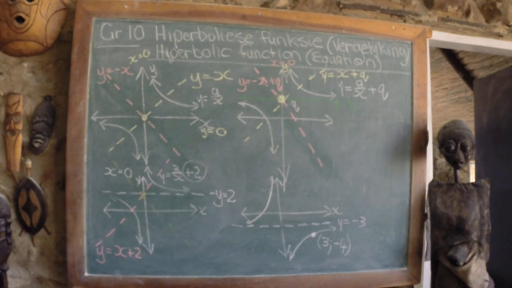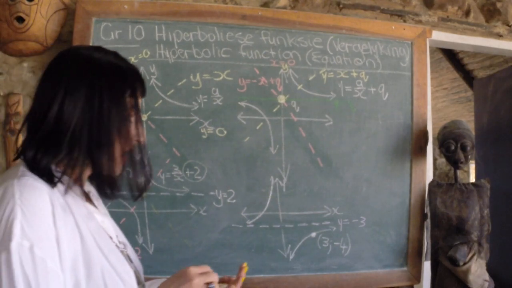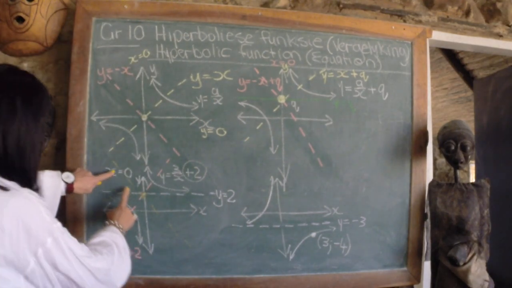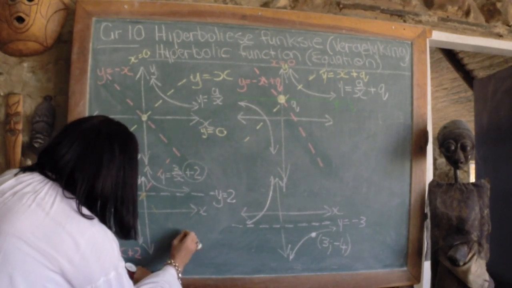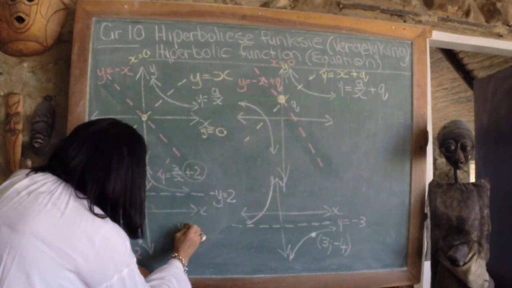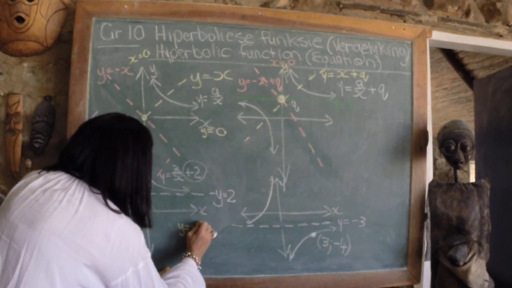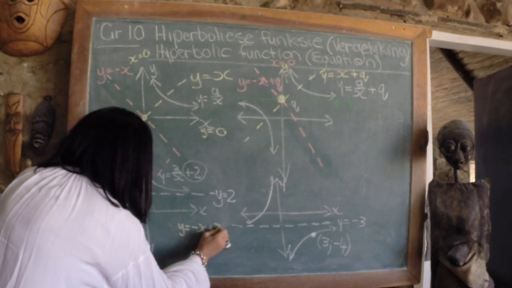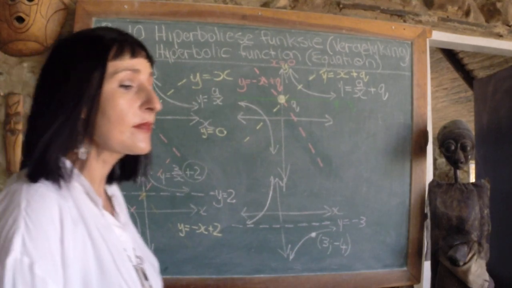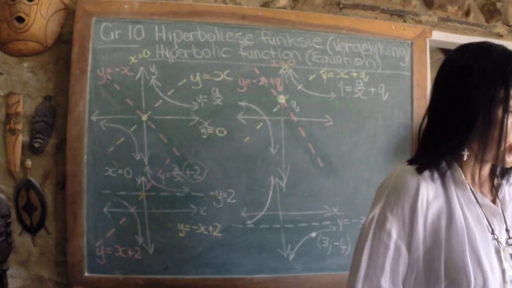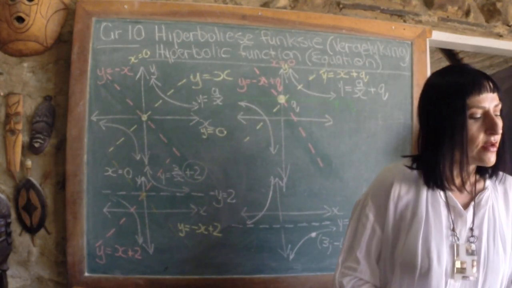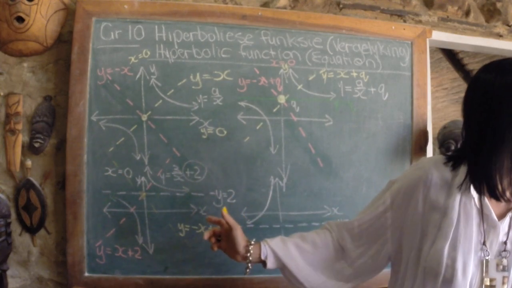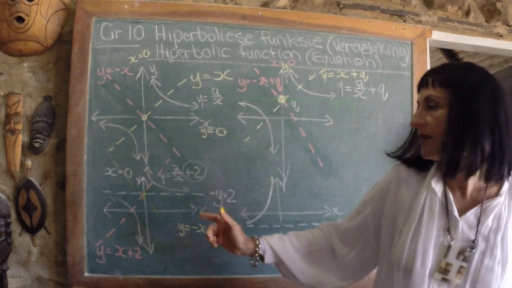The positive symmetrical axis. The negative symmetrical axis, this guy, will always be y equals minus x, and now plus 2. Very easy. Learning work.